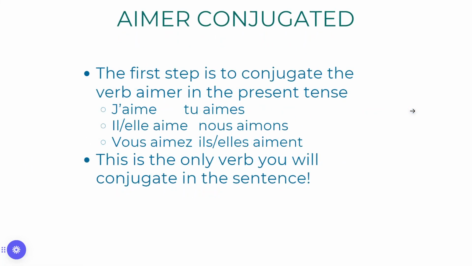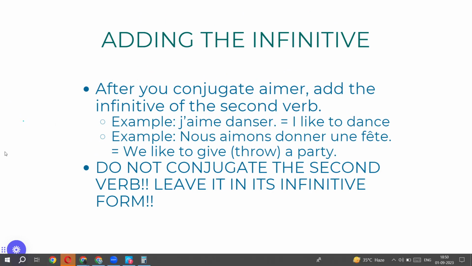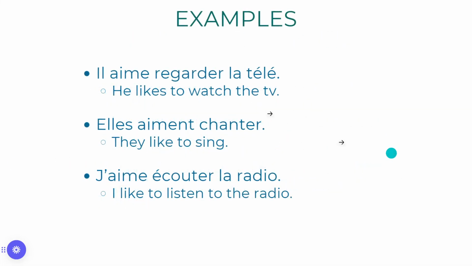What you do here is you don't conjugate the second part of the verb. You'll only conjugate aimer. See, j'aime danser. You don't conjugate the second part here, but you do conjugate the first part. I like, j'aime. We conjugated it, but we don't conjugate danser. We leave it like that. Do not conjugate the second verb. Leave it in its infinitive form.